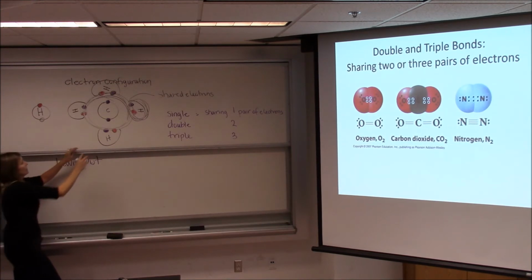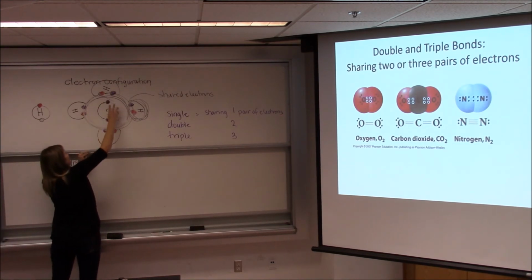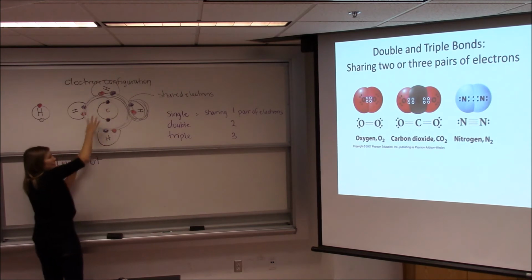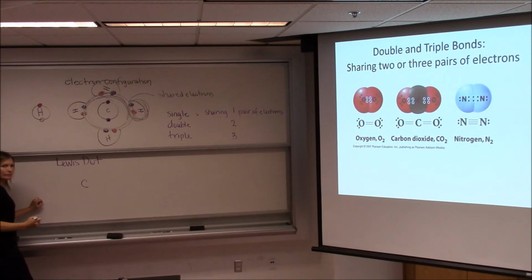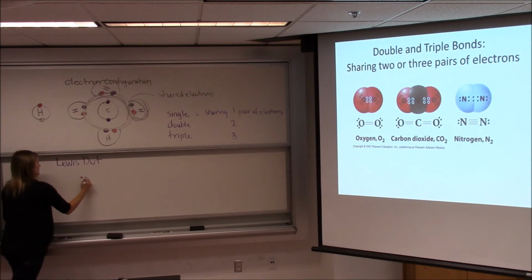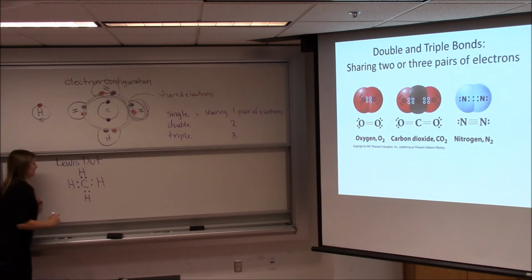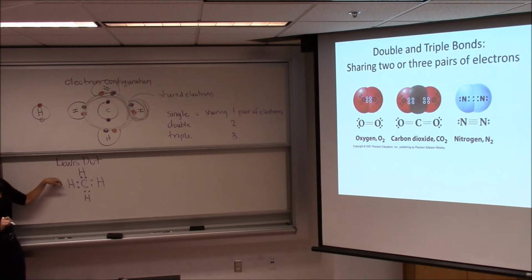You would only show the ones that are shared. You wouldn't show the ones on that inner shell. So we would put carbon in the middle. We would show it sharing a pair of electrons with that hydrogen, one with this hydrogen, and this one, and this one. Okay, so that would be a simpler way to show this thing.